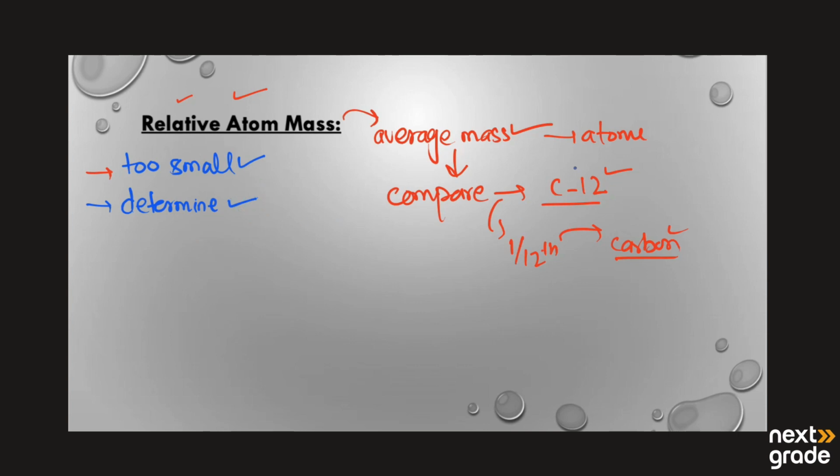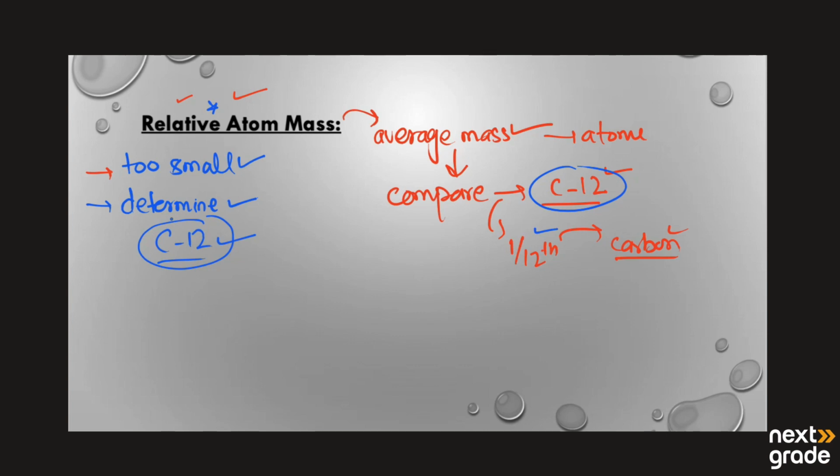Here we have the standard, that is carbon 12, and we need to take 1/12 of that mass. So this mass is known as relative atomic mass. We have set the standard, and that standard is carbon 12.